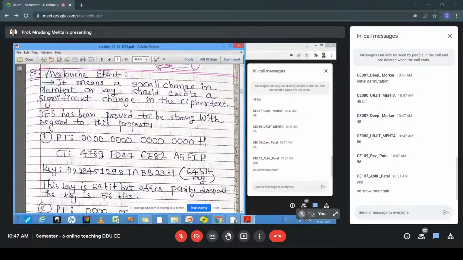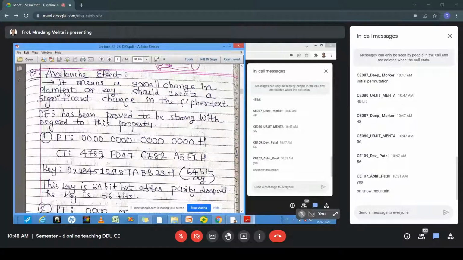That type of effect takes place in DES. Let us see the meaning of this avalanche effect. It means a small change in the plain text or key should create a significant change in the ciphertext. So even if you make a small change in the plain text, there will be a huge impact on the ciphertext.